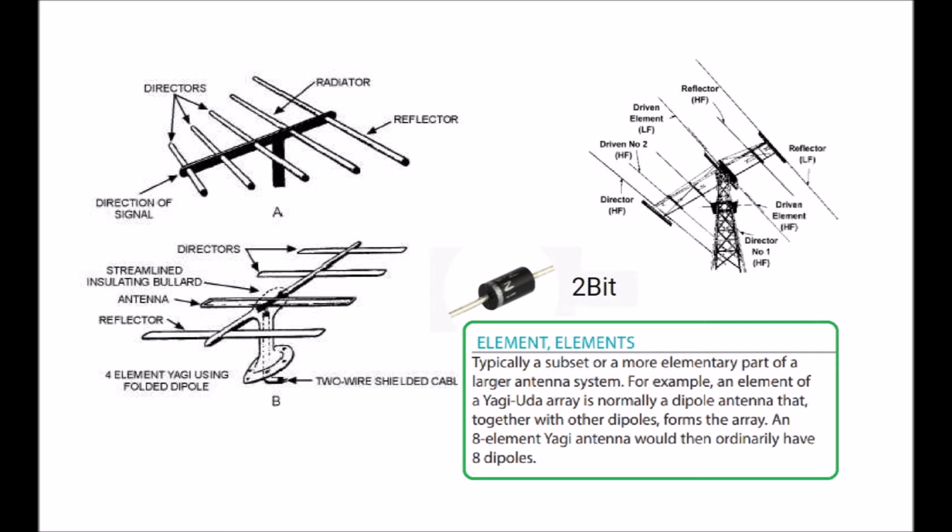For example, an element of a Yagi-Uda array is normally a dipole antenna that, together with other dipoles, forms the array. An 8-element Yagi antenna would then ordinarily have 8 dipoles.